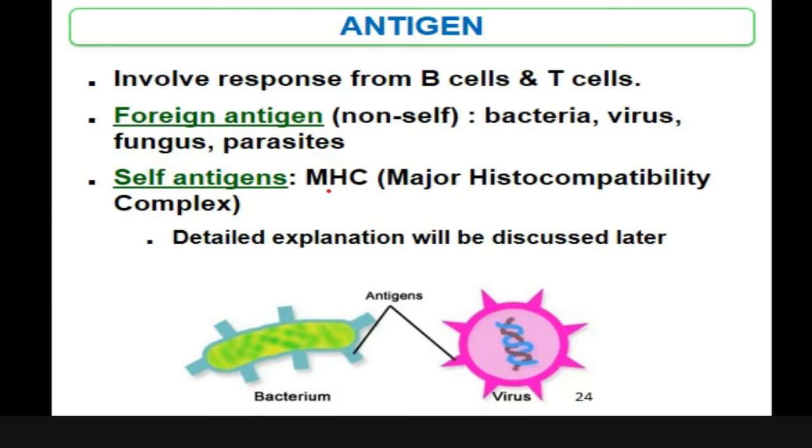Jadi self antigen kita panggil major histocompatibility complex. Histologi ni biasa berkaitan dengan darah, kita punya sel lah, sel-sel dalam badan kita. Compatibility ni compatible, perkataan compatible maknanya penyesuaian. Jadi MHC ni yang menentukan darah kita boleh kenal kita punya darah sendiri ke tidak. Ataupun sel darah putih yang bertindak untuk menelan foreign substance, bila dijumpa dia boleh identify, okay, this is our cell or this is not our cell.